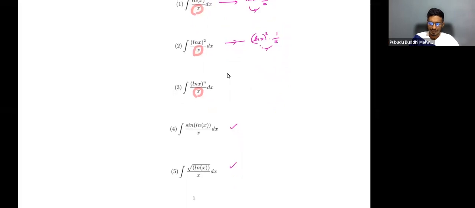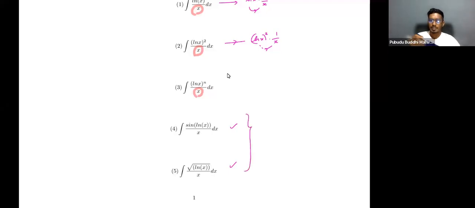With that understanding, you should be able to complete questions 4 and 5, because with the same idea we can express these integrals like this: sine of natural log of x times 1 over x. I would like to express that one as the derivative of natural log of x. After creating this form, I think you can easily understand this entire part.